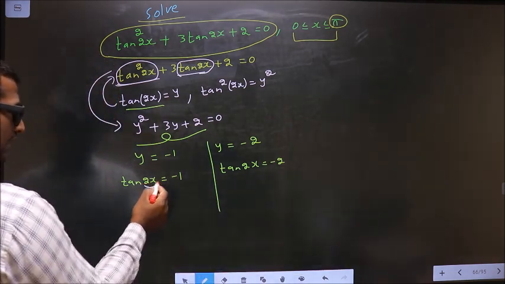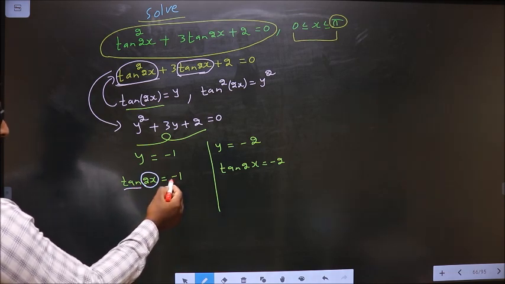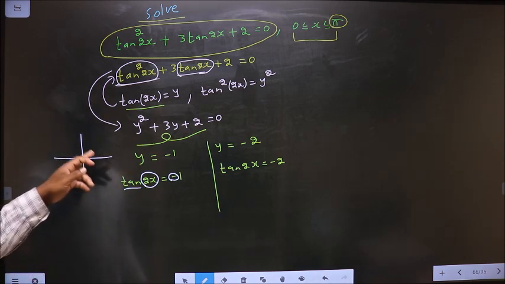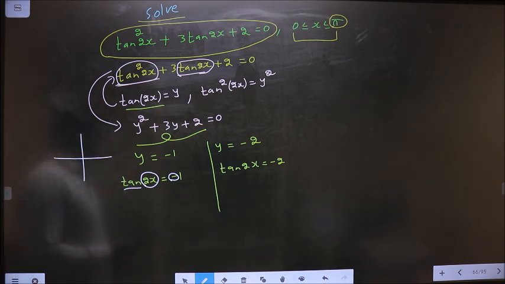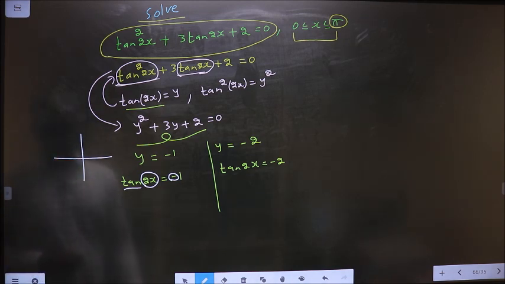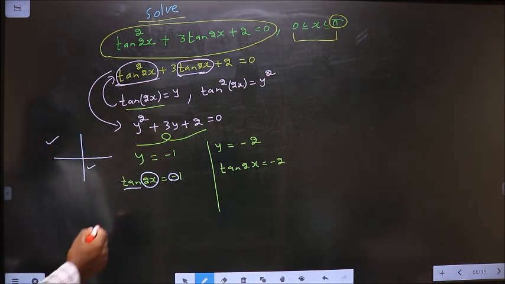Now here, to get the values for 2x, we have tan and here it is negative. So now you should check in what all quadrants is tan negative. It is all silver teacups. So tan is negative in the second and in the fourth.